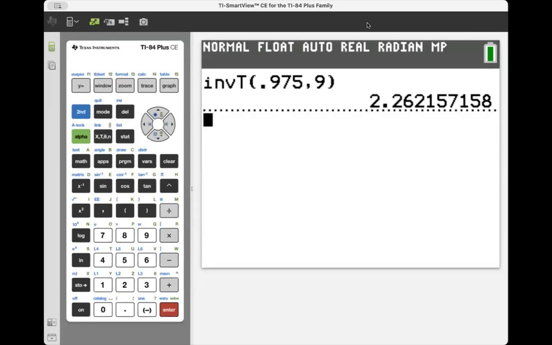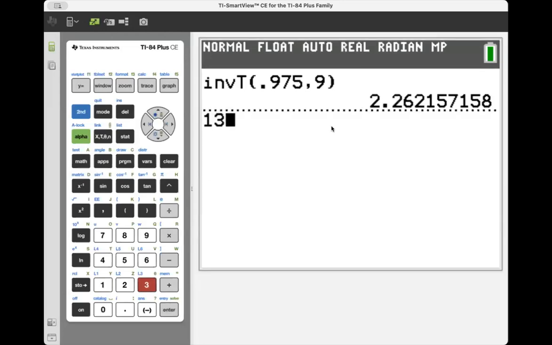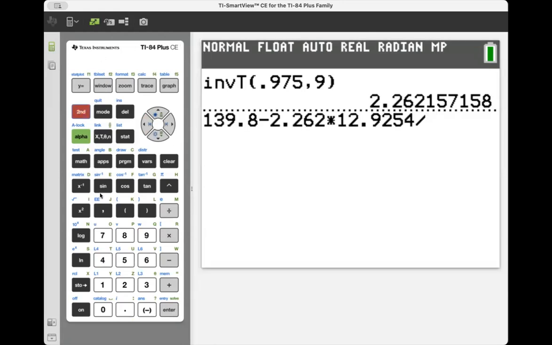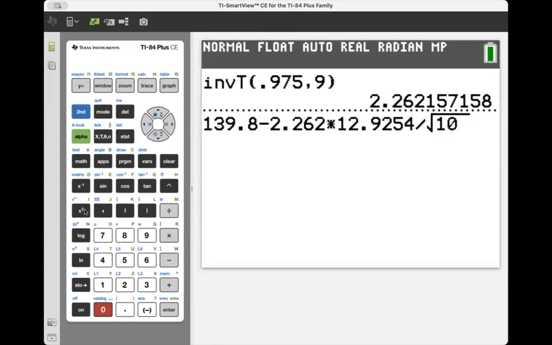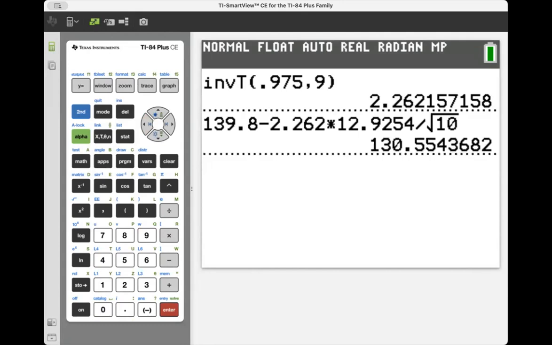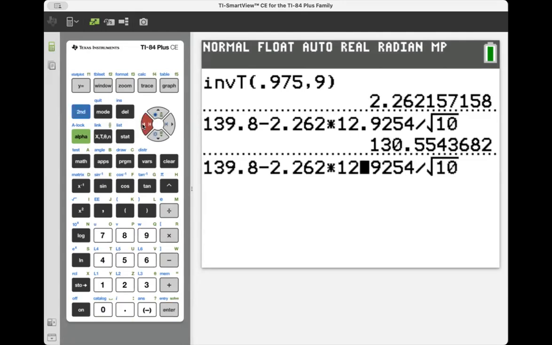So plugging this in, 139.8 minus 2.262 times 12.9254 divided by the square root of the sample size 10. And then repeat this on the other side with a plus instead of a minus.